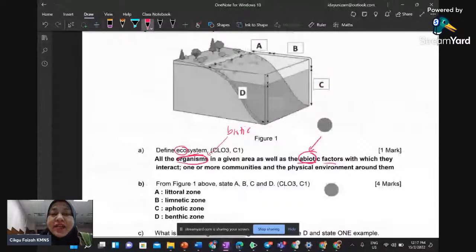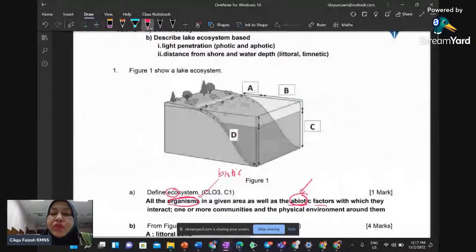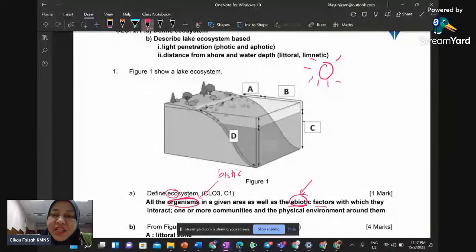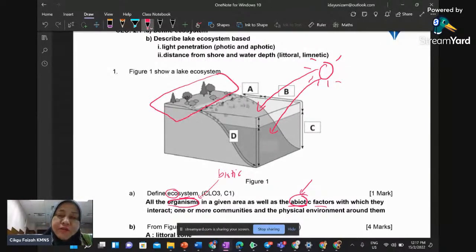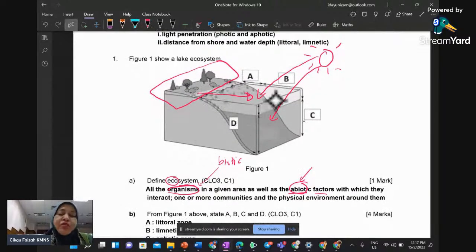When there is a sun, the light that penetrates the lake is one of the factors. And then satu lagi ialah the shore, how far is the distance from the shore, as well as the water depth.